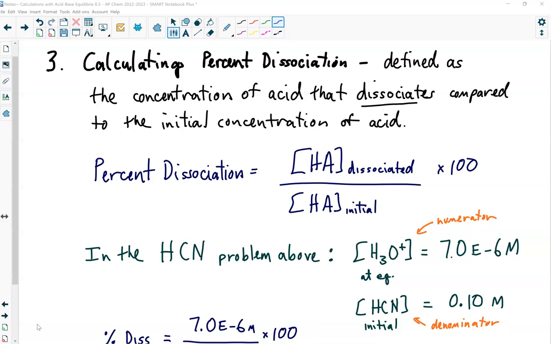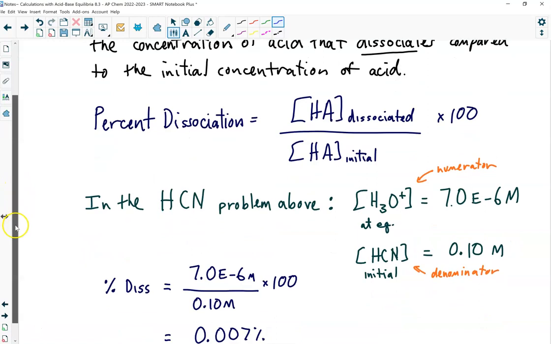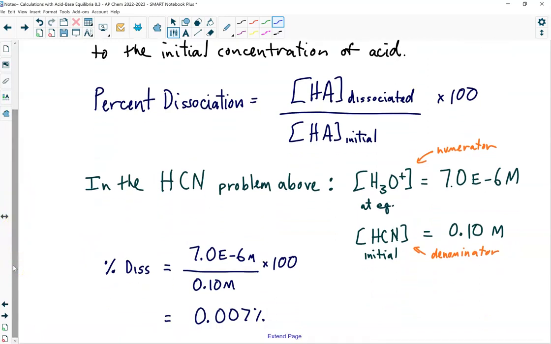So it's the part that is ionized into H3O plus over the initial concentration, times 100. In this case, the equilibrium concentration of hydronium is your numerator, because that's how much has dissociated. And you're dividing that by the initial concentration, which was given, 0.10. And you see that the percent dissociation is extremely small, 0.007%.